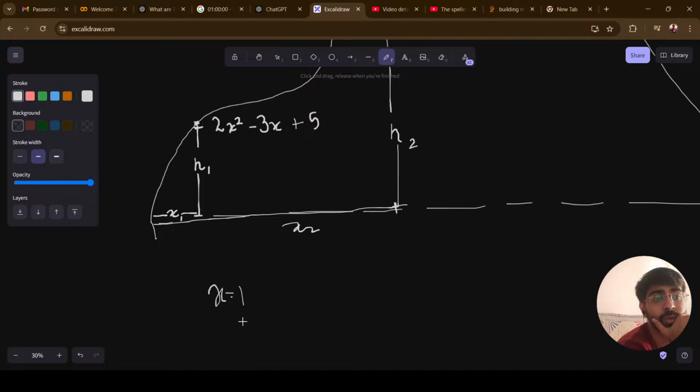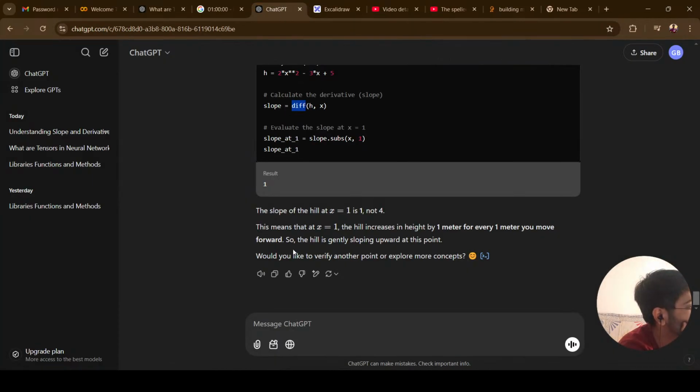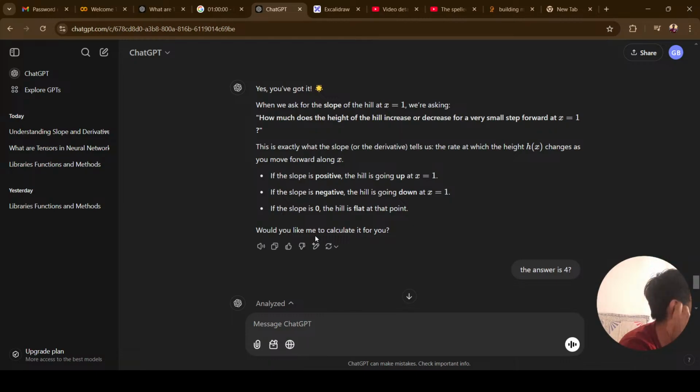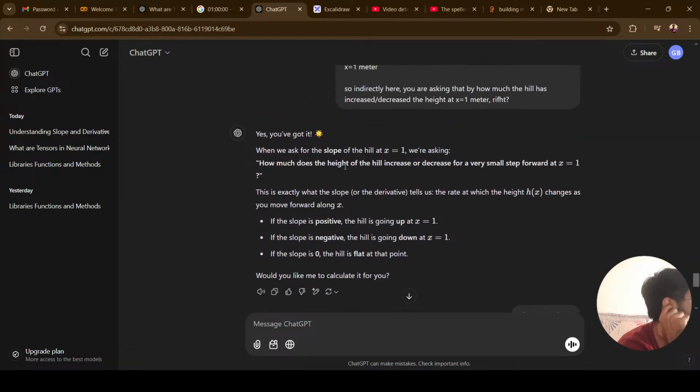No, I'm not able to get this. If the slope is positive, yes. When we ask how much the height of the hill increased for a very small step at x equals 1.